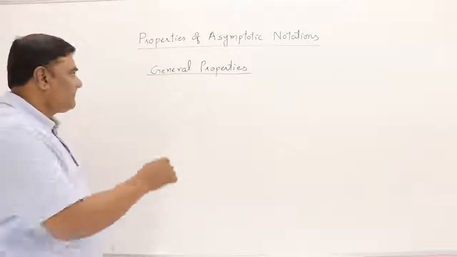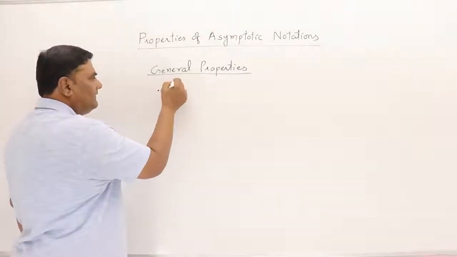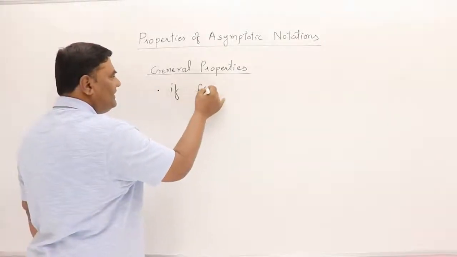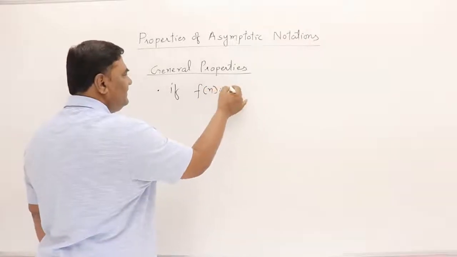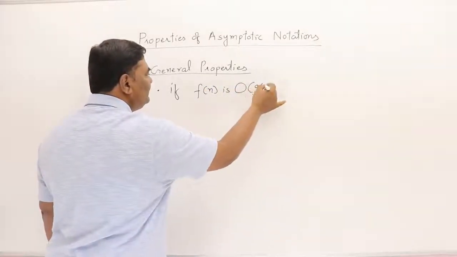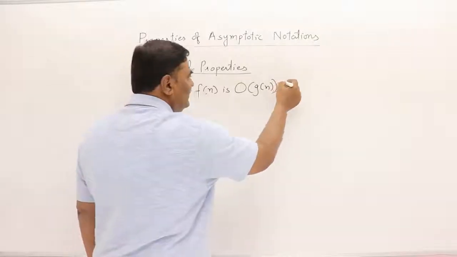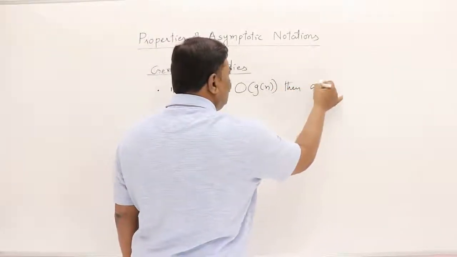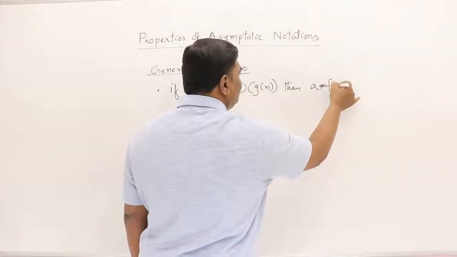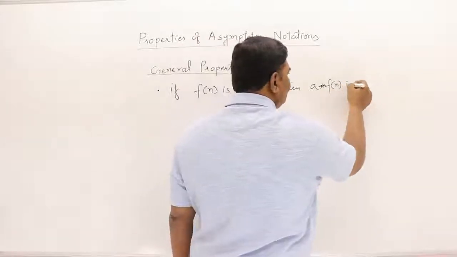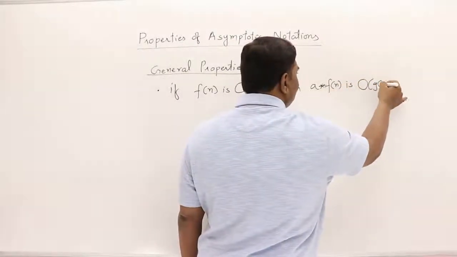General property: if f of n is big O of g of n, then a into f of n is also big O of g of n.